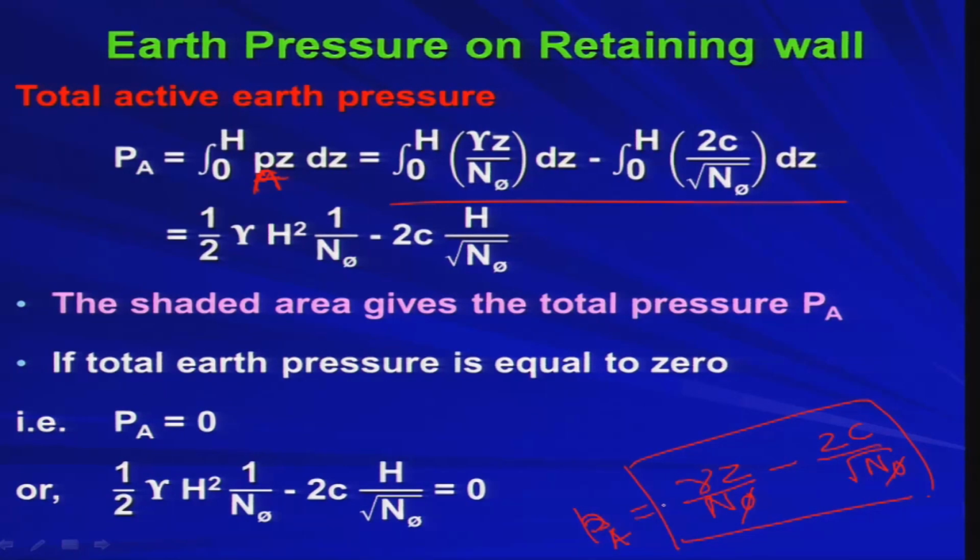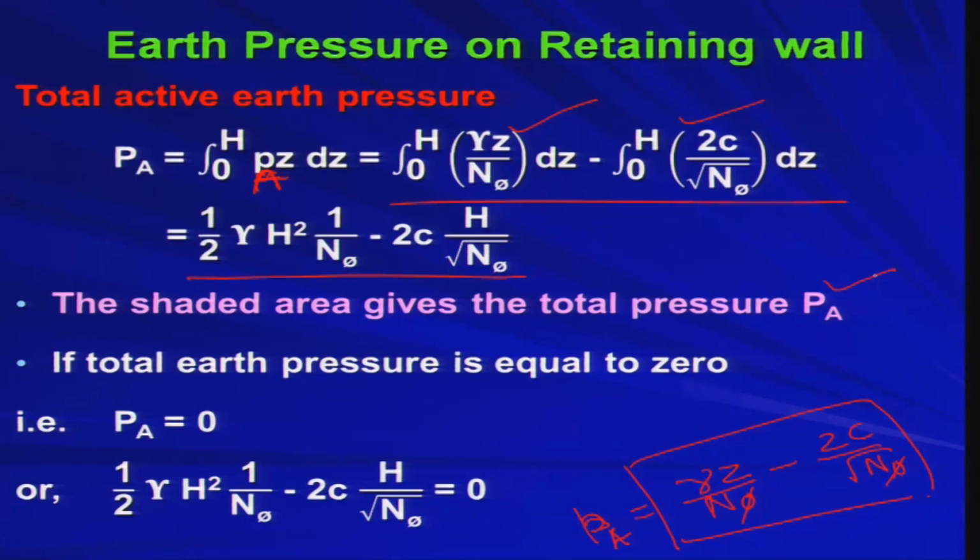If you do both integrations, you will get the total thrust PA equal to half into gamma H square into 1 by N phi, minus 2c into H by root over N phi. Now, the shaded area gives the total pressure PA.